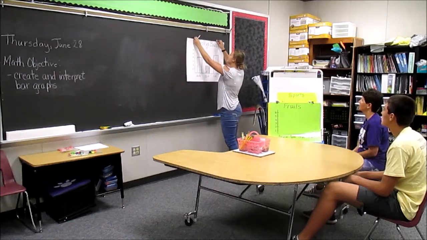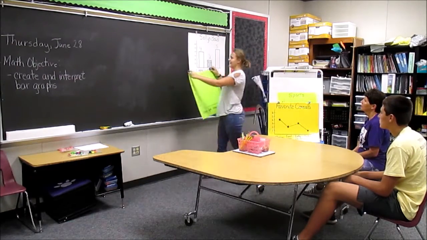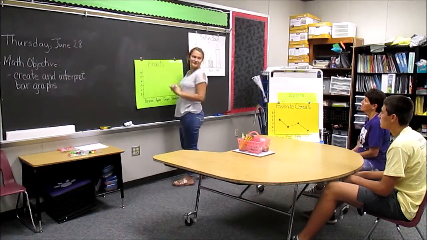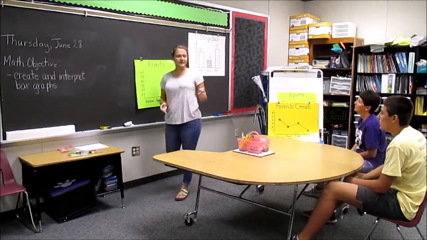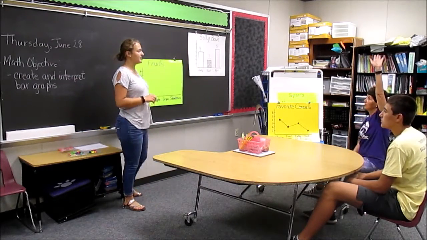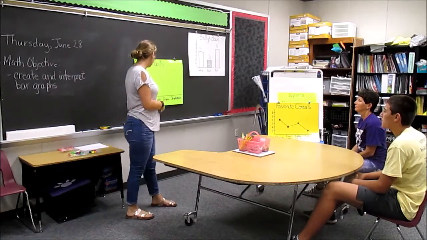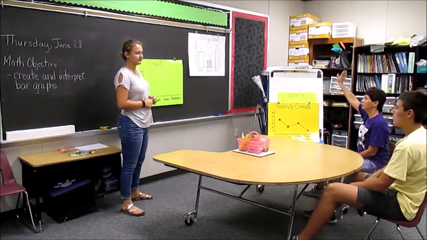Awesome. So the next one we're going to look at is fruits. Who likes fruit? I love fruit. All right, so who can tell me what the title of this graph is? Who can read me this word? Sally? Fruits. And who can read me the 4 different kinds of fruits we have? Billy?